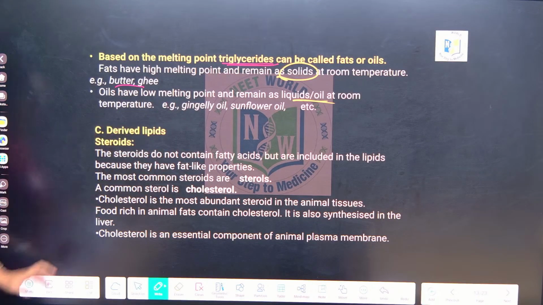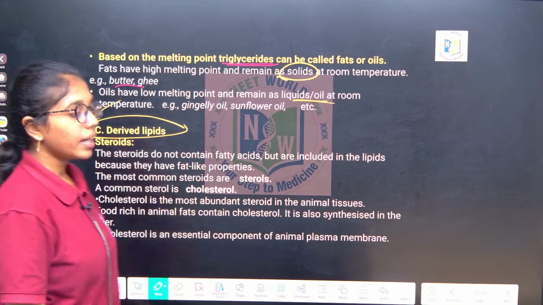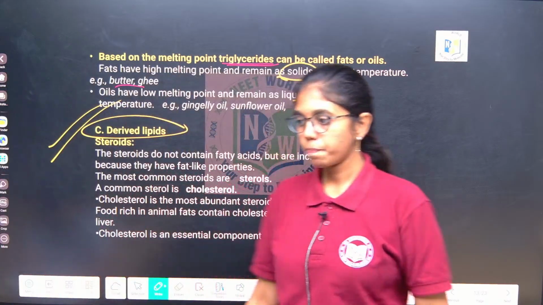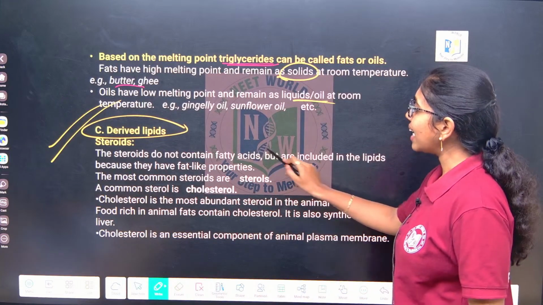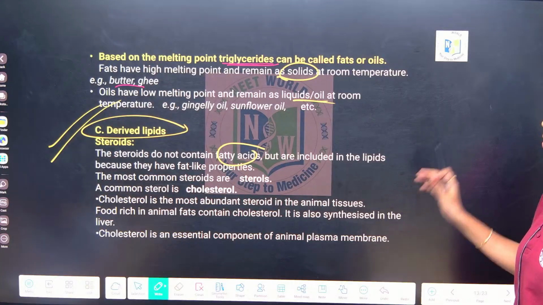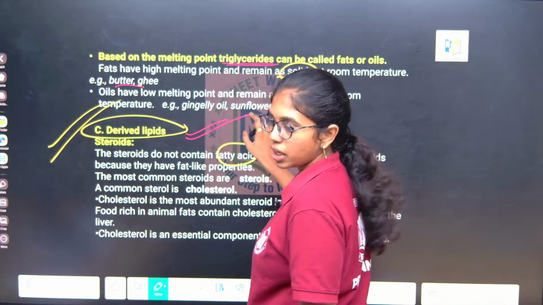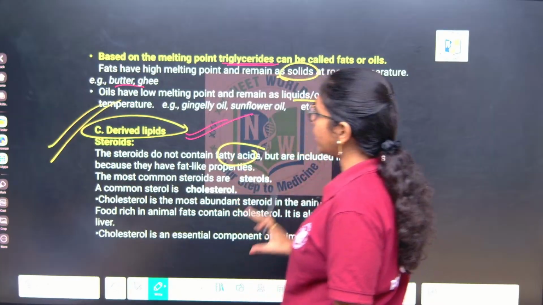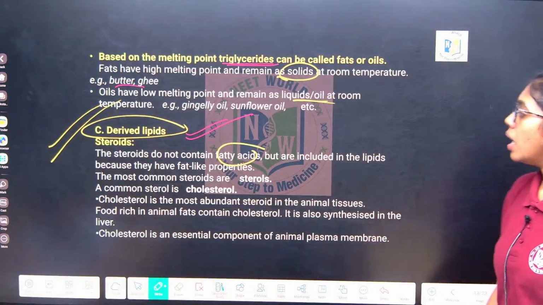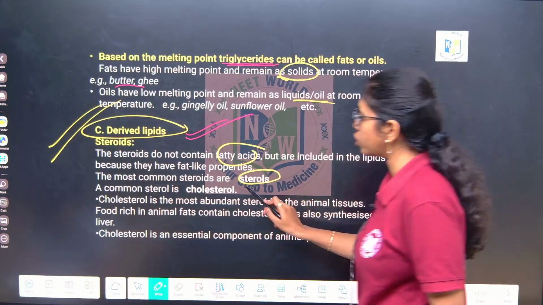Next, derived lipids. The second type is what? Derived lipids. Derived lipids include steroids. Steroids do not contain fatty acids, but they have some fat-like properties. That is why they are called derived lipids. The most common example of steroids is sterols, that is cholesterol.